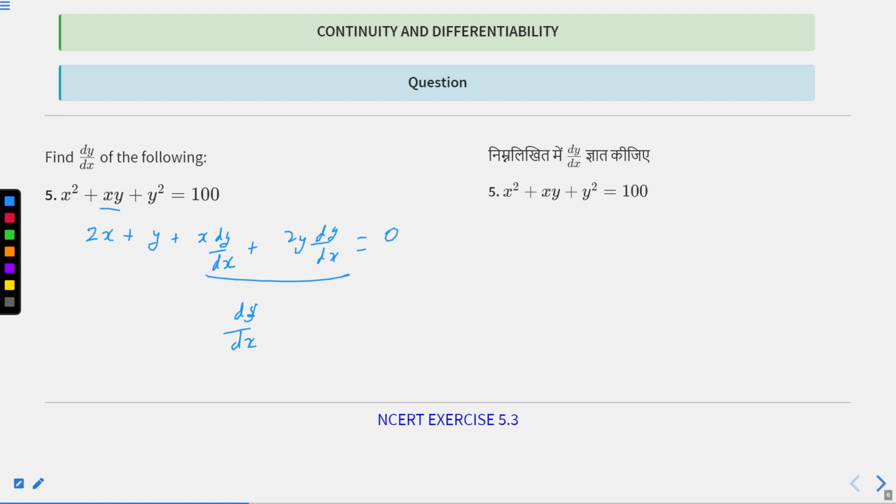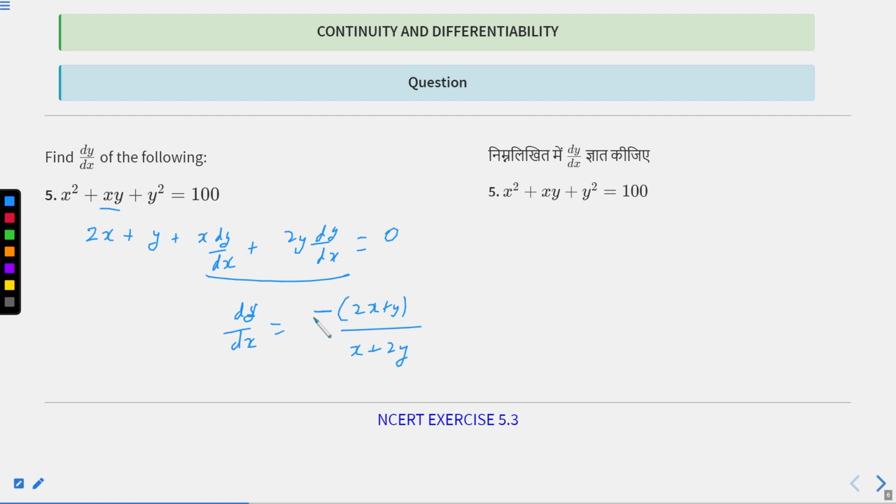You will have minus of 2x plus y divided by x plus 2y. So your answer will be minus of 2x plus y divided by x plus 2y.